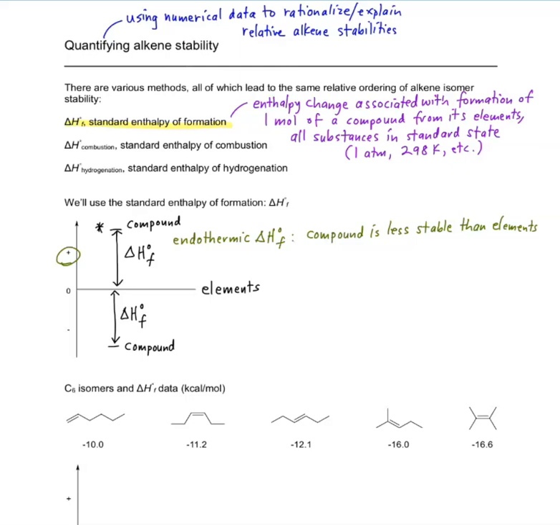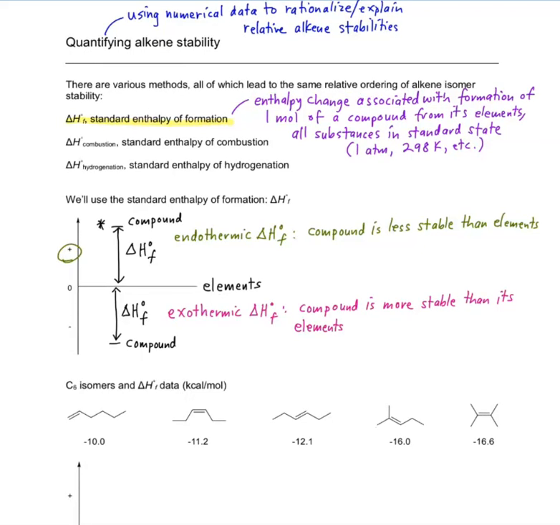And this would be an example of an exothermic heat of formation, which is to say that the compound is more stable than its elements. Because it's an exothermic reaction, the sign of delta H is going to be negative.